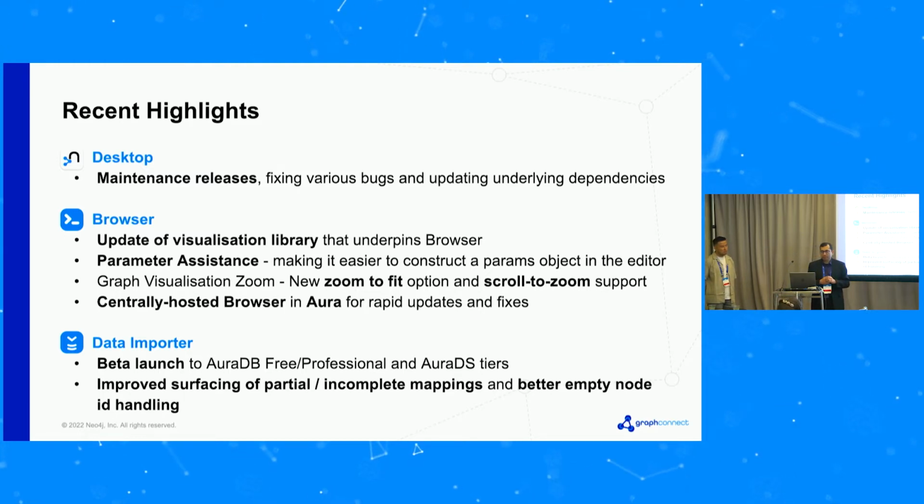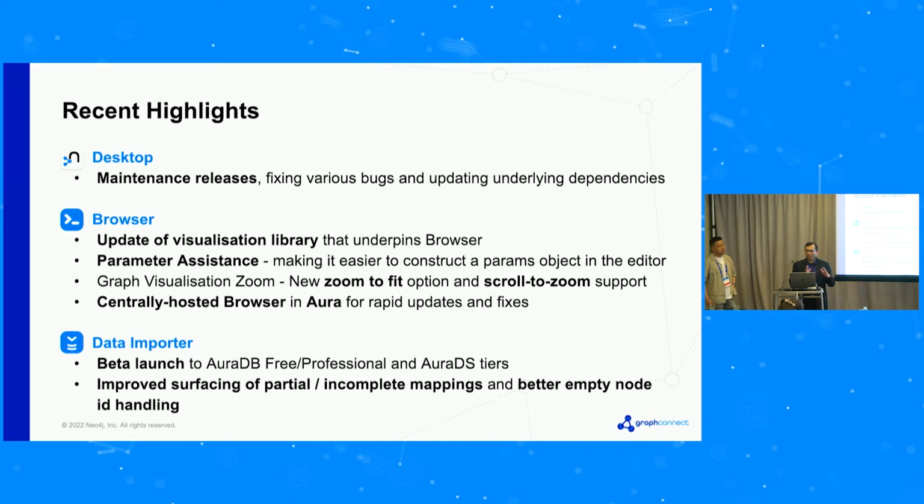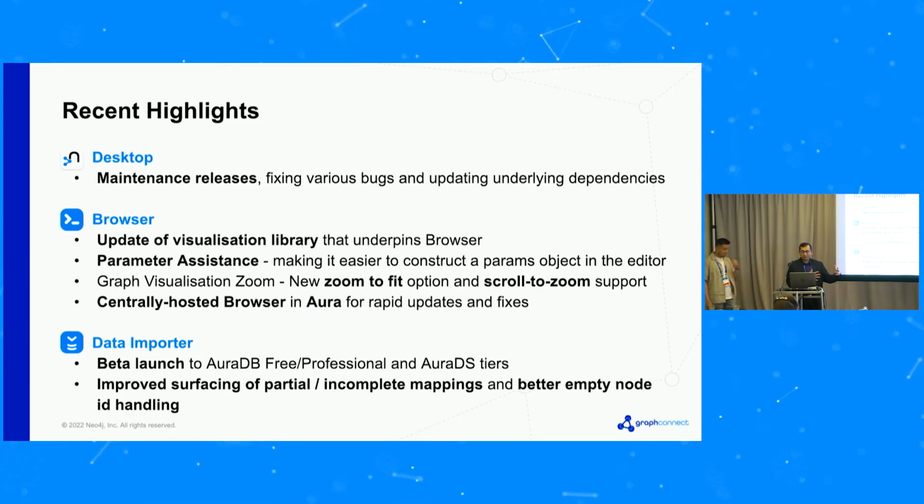Some capabilities around graph visualization, zooming, being able to zoom to fit, or just scroll and zoom in and out, which was something that was requested for a long, long time. Also, what's not mentioned here, which we'll show, is a new properties panel, or relatively new. It's been there for some time, which makes it very, very easy to inspect the properties on a node or a relationship.